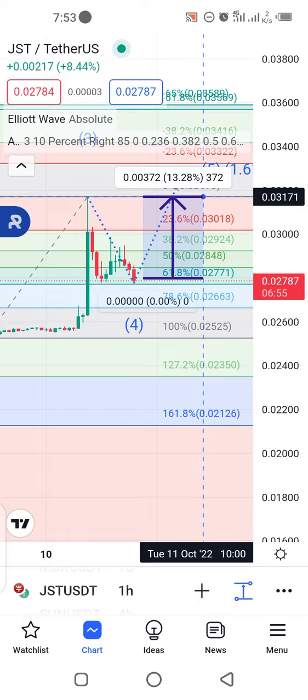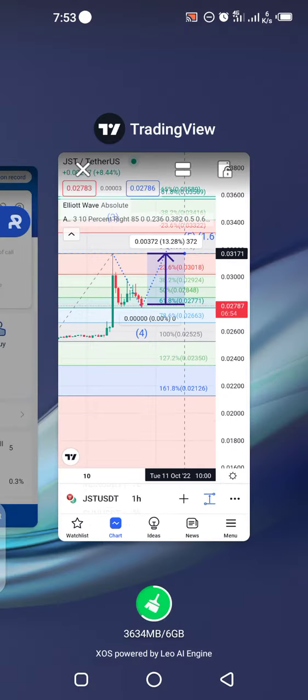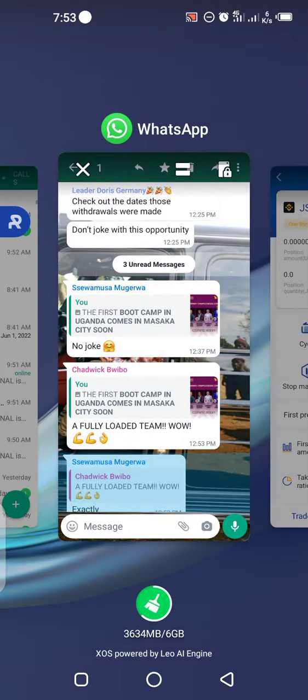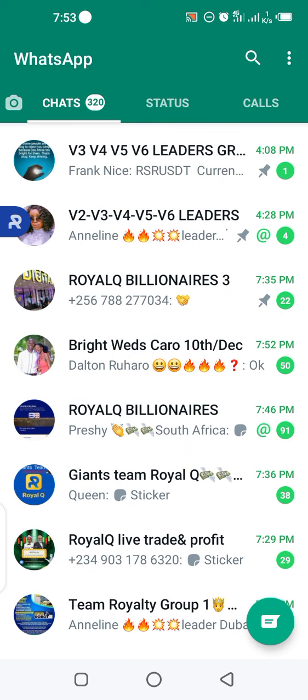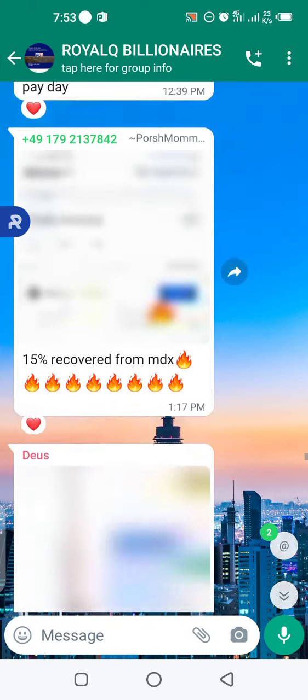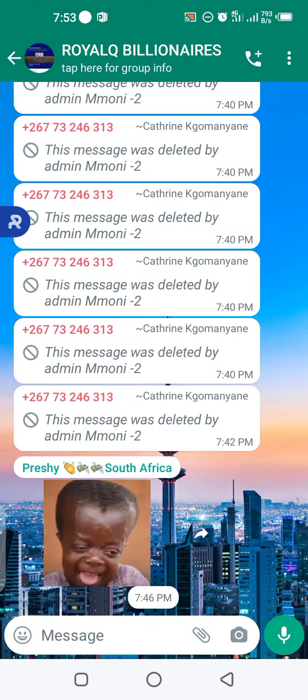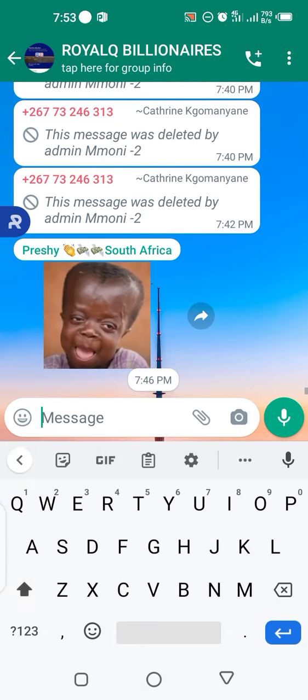So this is how we develop the signals, and I can now basically come to the group. I've not been online for the full day, but I can now come to the group here, and I basically drop in now my signal.